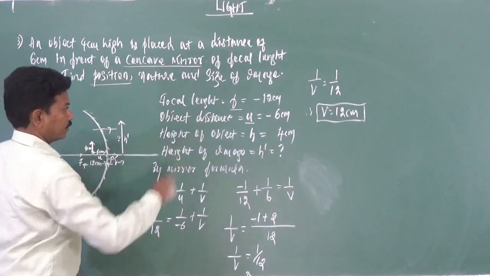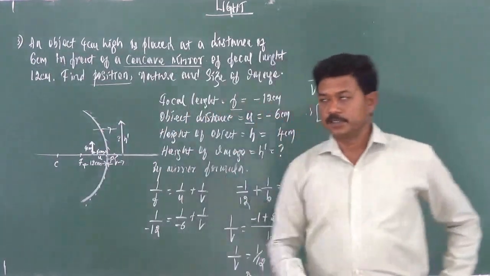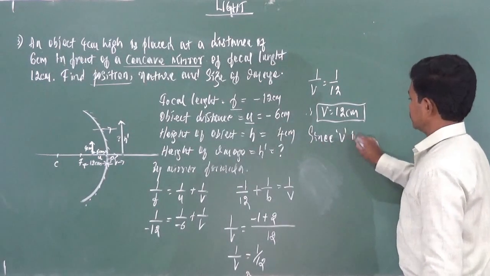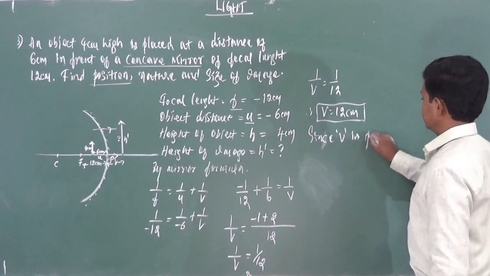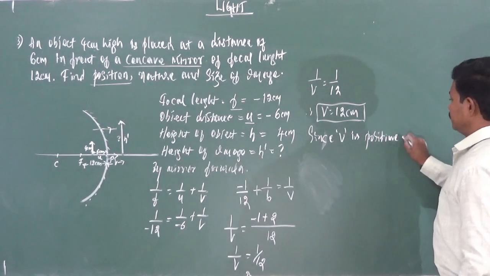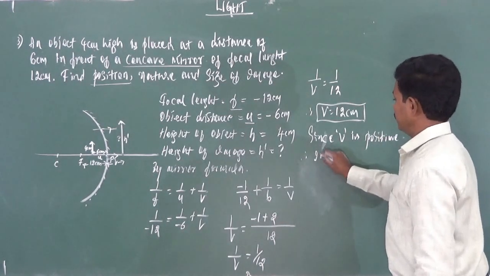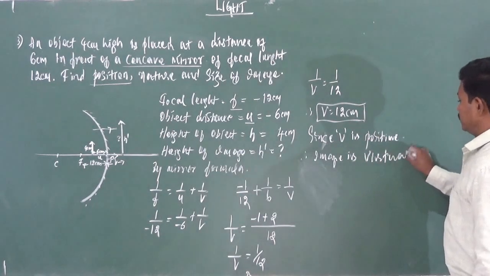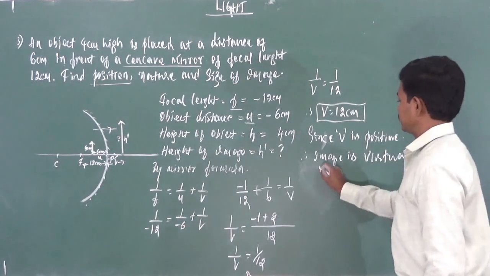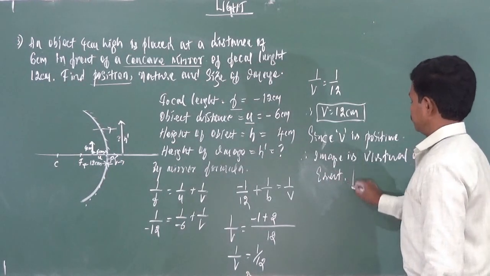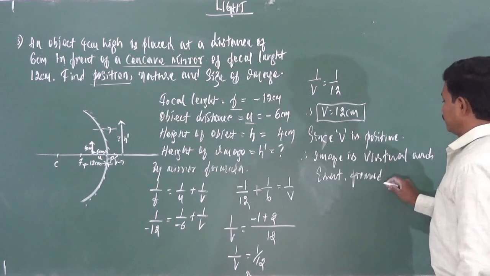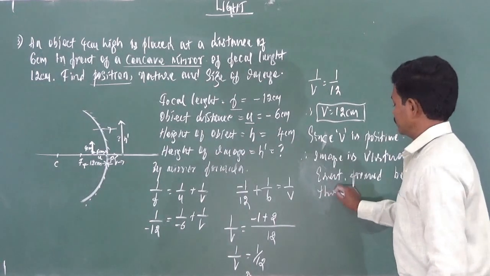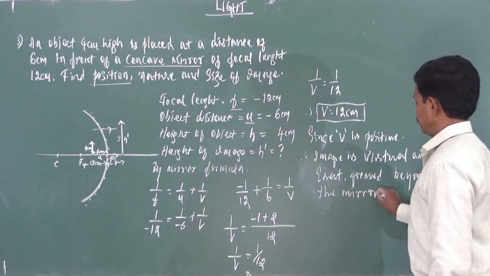Since v is positive, the image is virtual and erect, formed beyond the mirror or behind the mirror.